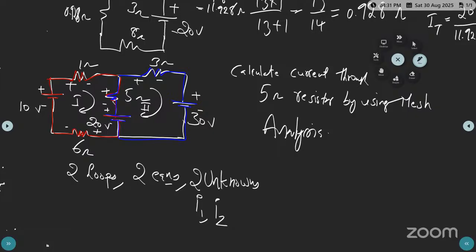Those elements are common, available for loop 1 as well as loop 2. That's why I gave 2 different colors. Loop 1 means red one, loop 2 means blue. The elements with both colors are 5 ohm and 20 voltage. In those elements common current will flow. What is the meaning of common current? Both currents, maybe I1 or I2 or I1 minus I2, I1 plus I2, like that.